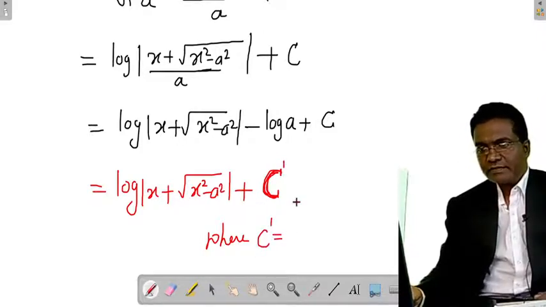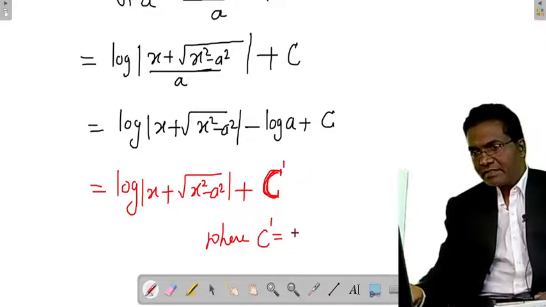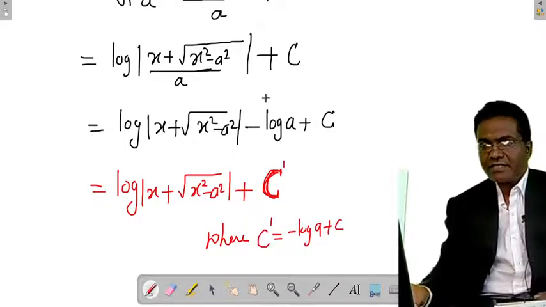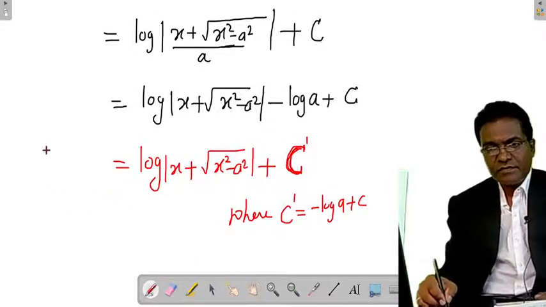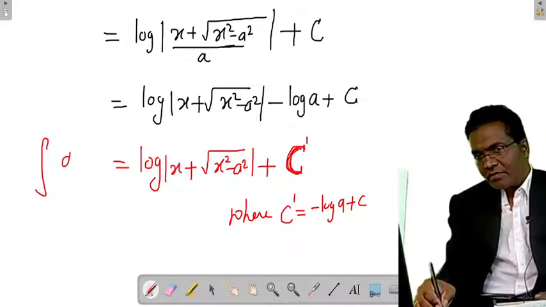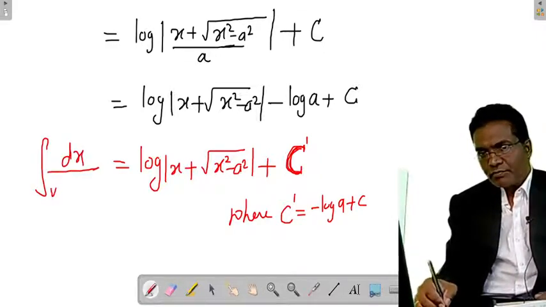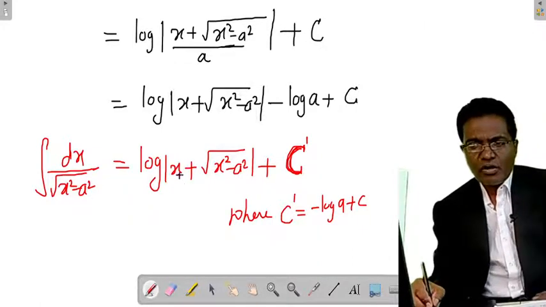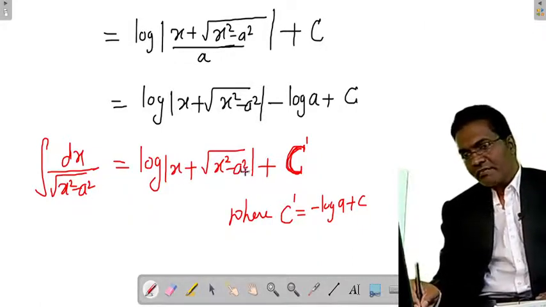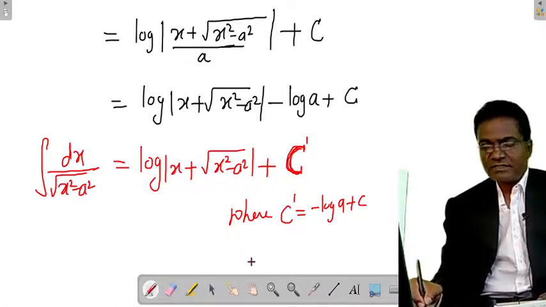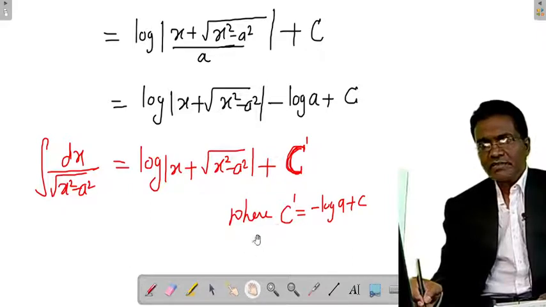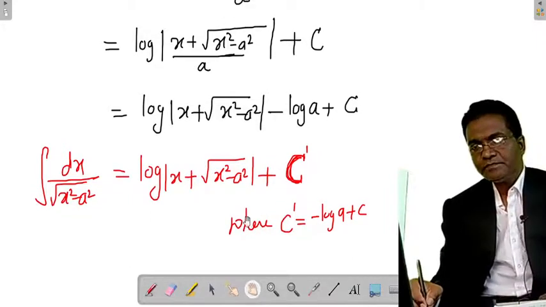It is this c minus log a, or minus log a plus c. I have treated this as a constant. So please remember this: integration of dx by square root of x square minus a square means log of x plus root of x square minus a square plus c. Okay, let's have one small example on this.